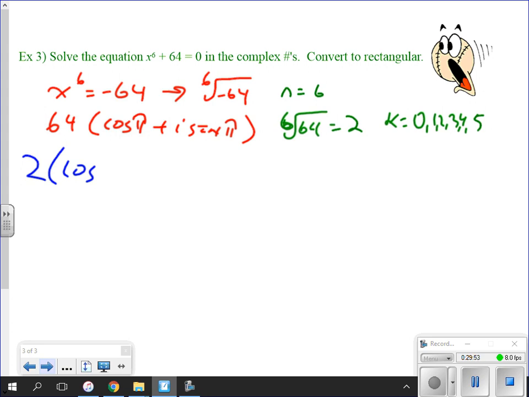So I'm going to have the cosine of pi over 6 plus 2 times 0 times pi over 6, plus i sine of pi over 6 plus 2 times 0 times pi over 6.